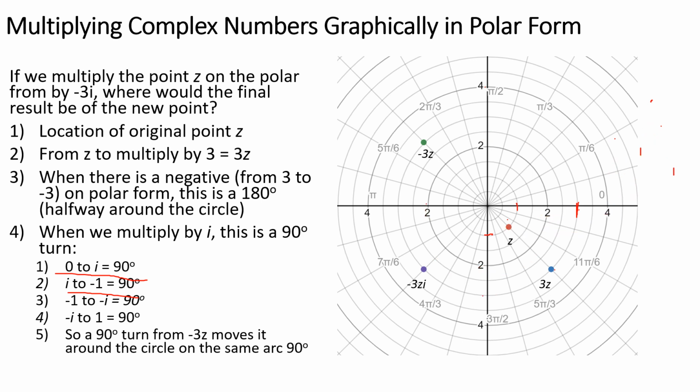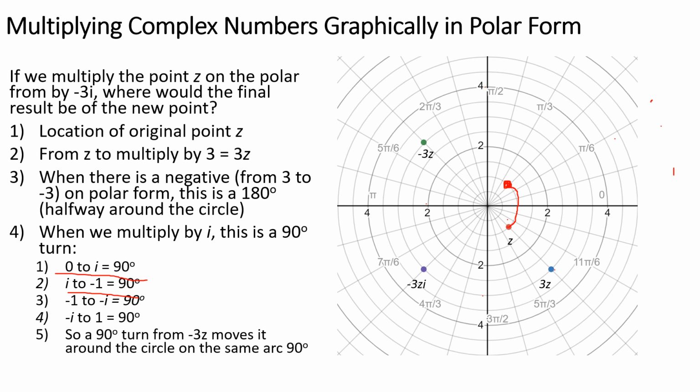So basically, if we're going to move 90 degrees, or a quarter around this circle, now it's polar coordinates, that would go 90 degrees from this point Z would go to there. But we're moving negative I. So we're going halfway around.